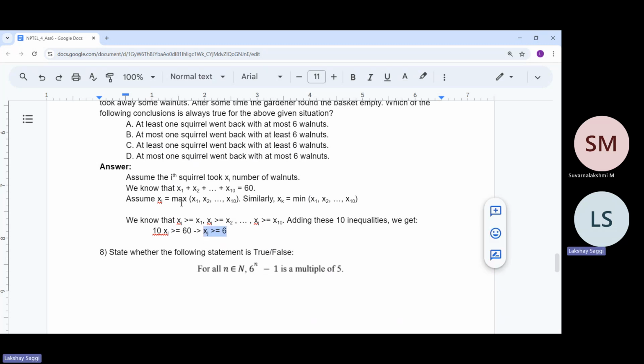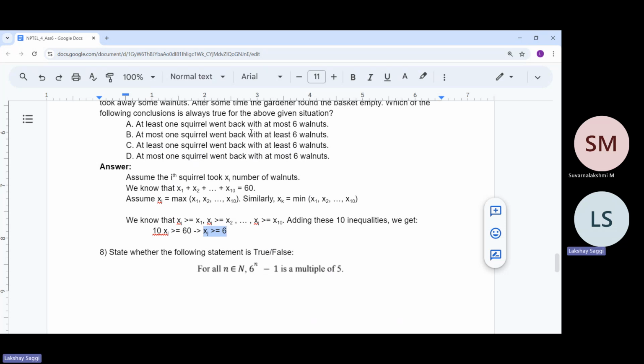Xj was the maximum over all of these: the first squirrel took some walnuts, the second squirrel took some other number of walnuts, till the 10th squirrel. Xj just denotes the number of walnuts that the jth squirrel took. And now we have shown that this is greater than or equal to 6. So we know that the jth squirrel took at least 6 walnuts.